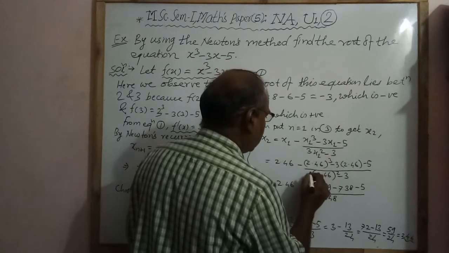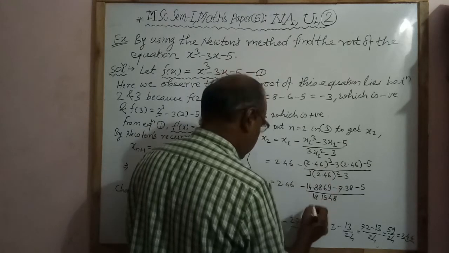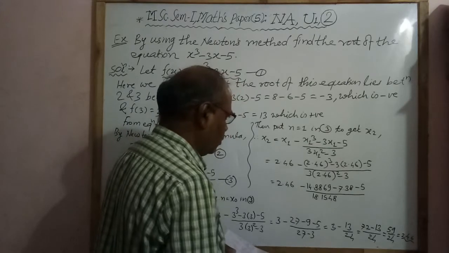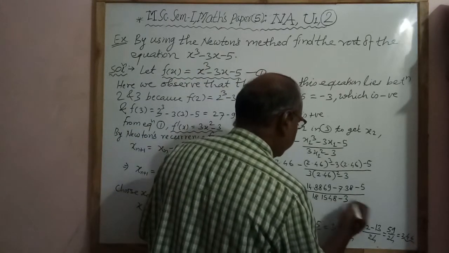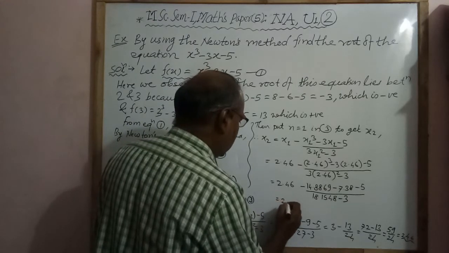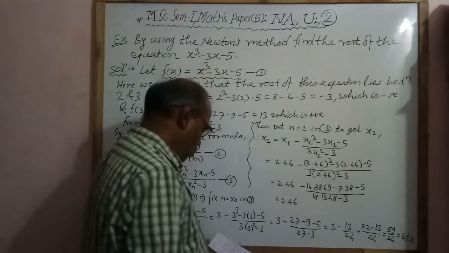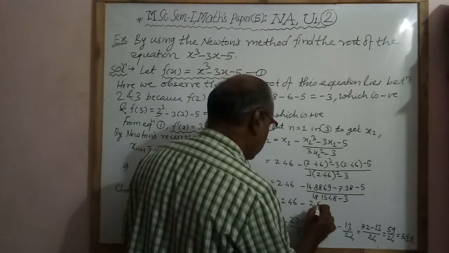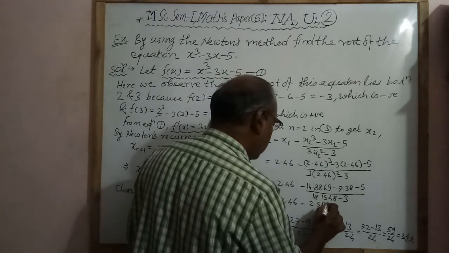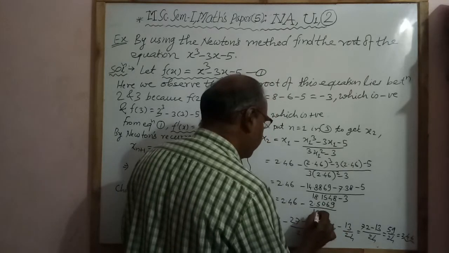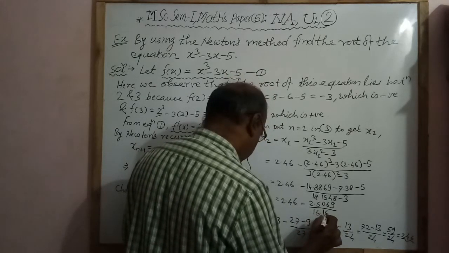Then multiplied by 3, minus 3. Then solve this again, equal to 2.46 minus 2.5069 divided by 15.15.